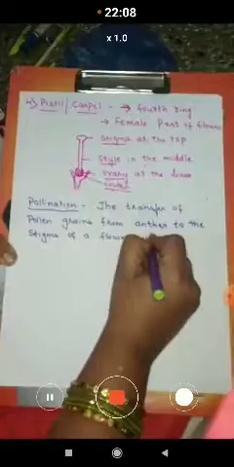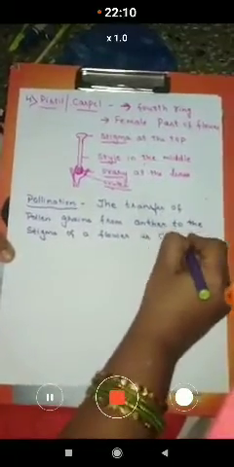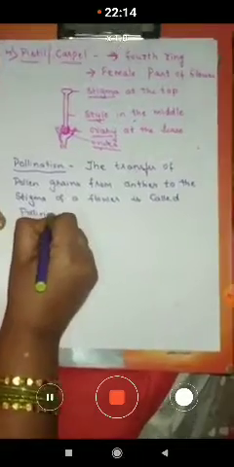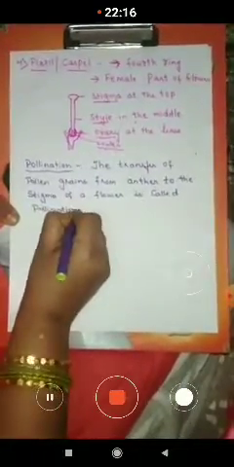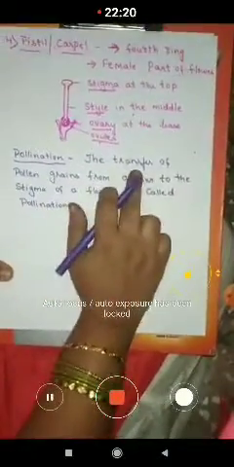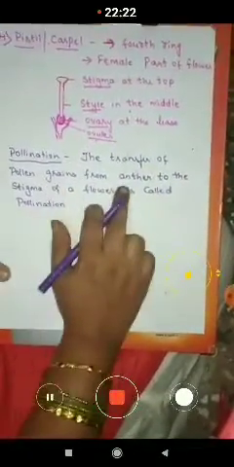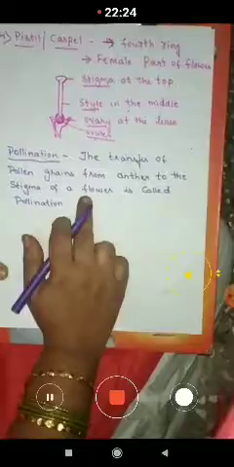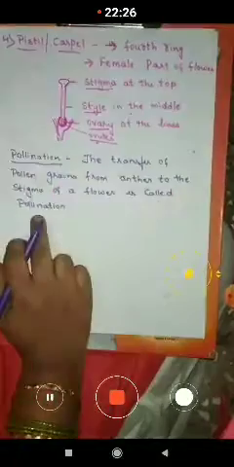What is it called, children? It is called pollination. So what is pollination? The transfer of pollen grains from the anther to the stigma of a flower is called pollination.